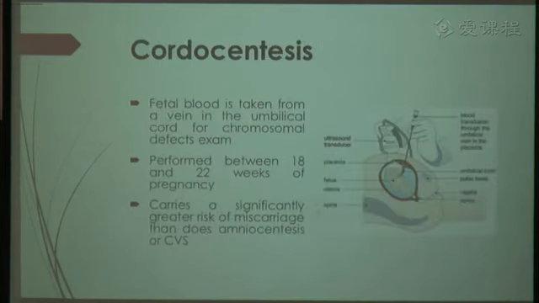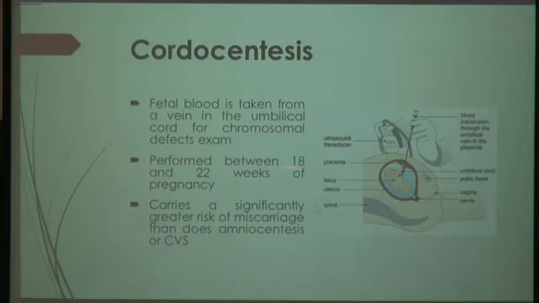So the third method is called chordocentesis. This is also similar to the amniocentesis. The only difference is the tissue is taken from the vein in the umbilical cord. The procedure is similar, using the needle going to the umbilical cord under the guidance of the ultrasound, but the tissue taking is a little bit different.